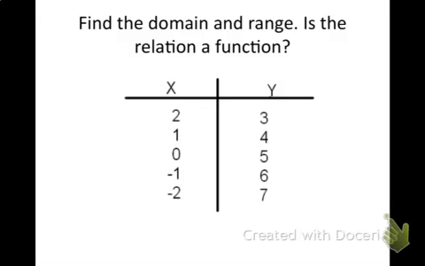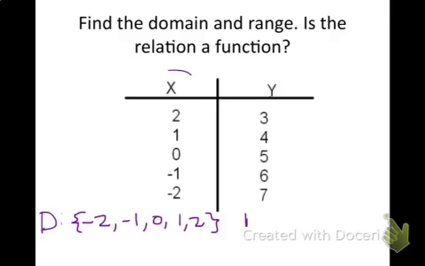Alright. So this next one is dealing with a table, and we still have the same questions to ask. So let's look over at our x's. That's our domain. So the domain is, let's put it in order, -2, -1, 0, 1, and 2.